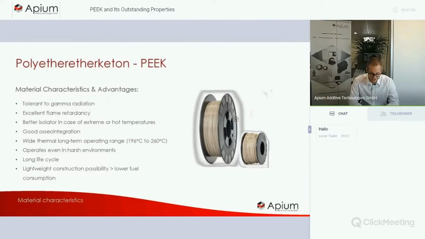We once even got a very interesting call from the CERN center, where they were doing all kinds of testing, and they are working with high energy radiation, and they had a keen interest in PEEK because it didn't degrade too much, and also showed a lot of interesting properties, for example, being non-magnetic, but also resistant to high temperatures.